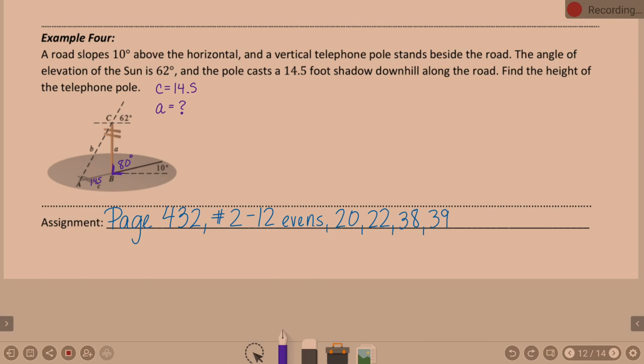So what's going to be on the other side of 80 here? Angle B is going to be 100, because there's a straight line there. If you know 80, the other piece of that is 100.